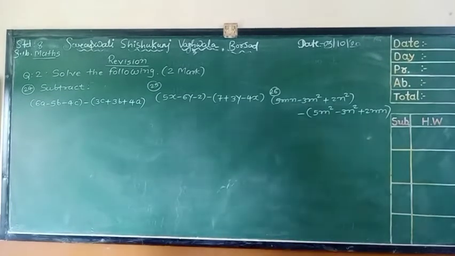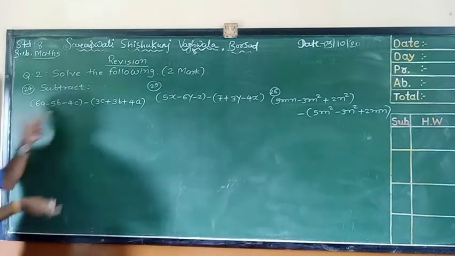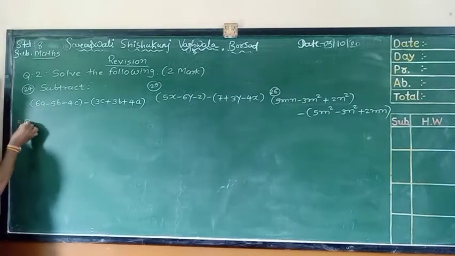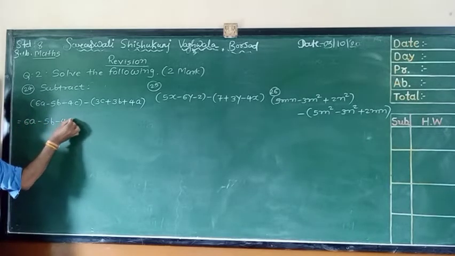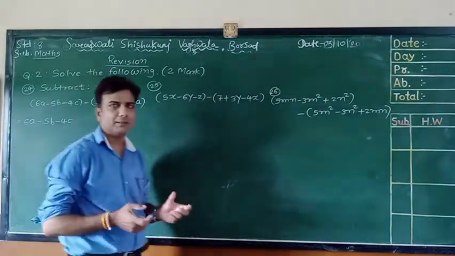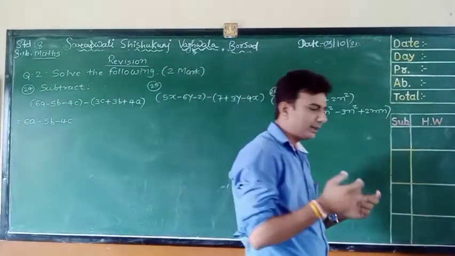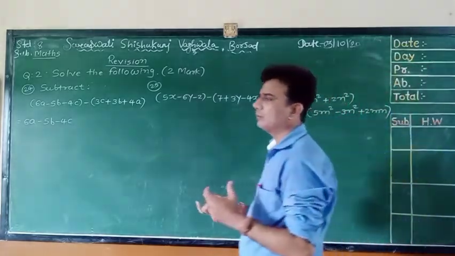Now in number 24 we want to do subtraction. So simple, first we will write this term 6a minus 5b minus 4c. Whenever we see the outside bracket sign is minus, at that time we have to change the signs inside the bracket. All signs we have to change.